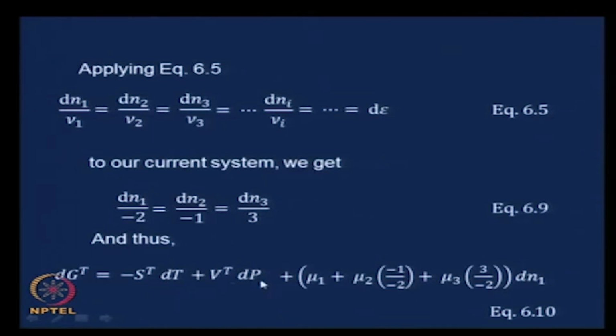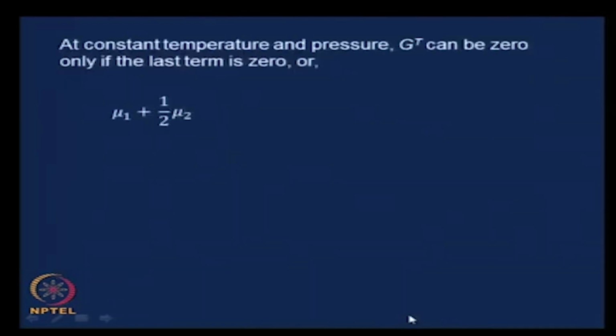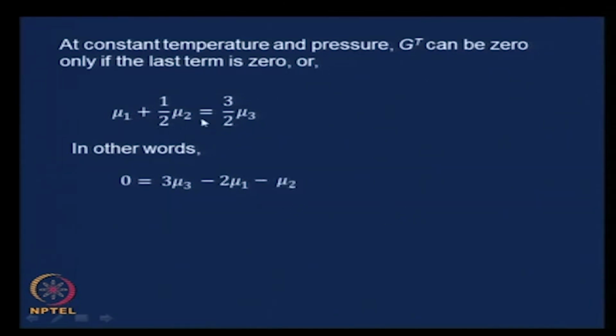Therefore, dG_t can be 0 only if this term goes to 0, and therefore mu_1 plus half mu_2 must equal 3 by 2 mu_3, or in other words 0 must equal 3 mu_3 minus 2 mu_1 minus mu_2.